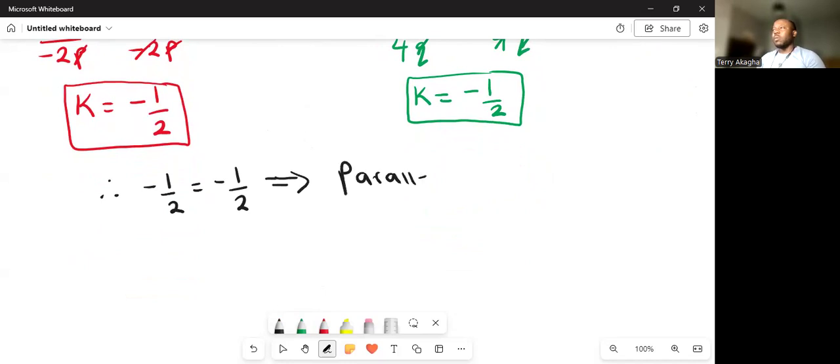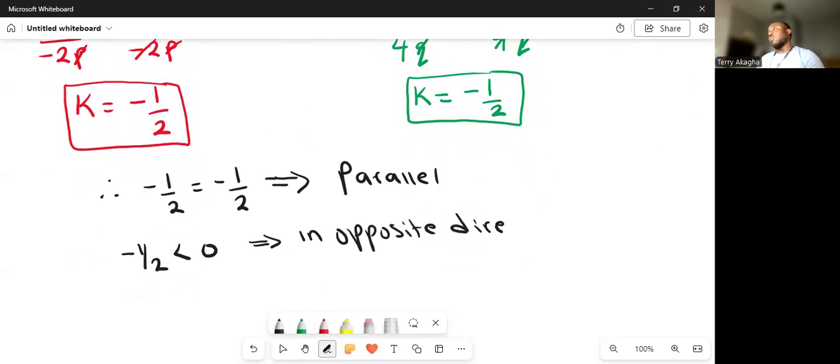Parallel. Now, you will notice that the K we had was minus 1 over 2, which is less than what? 0. And because it's less than 0, it's going to be parallel in opposite what? Directions. Okay? And that is that for that.